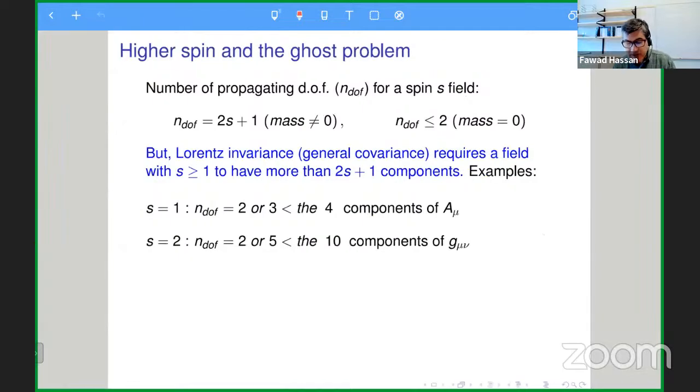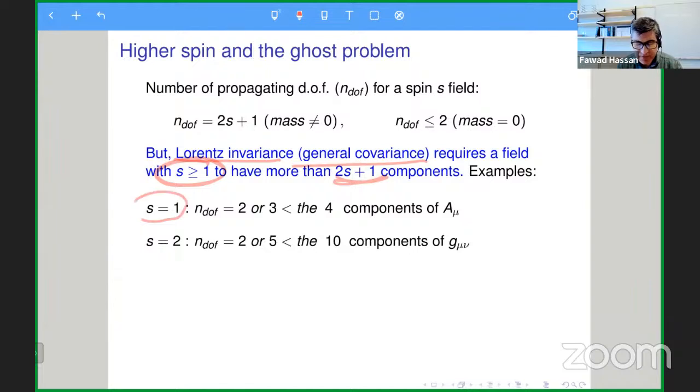Now, in reality, what happens is that because of Lorentz invariance or general covariance, whenever you write a field to describe a state of spin S which is greater than 1, you actually need many more degrees of freedom than the 2S plus 1 that correspond to various helicities. So examples are well known.